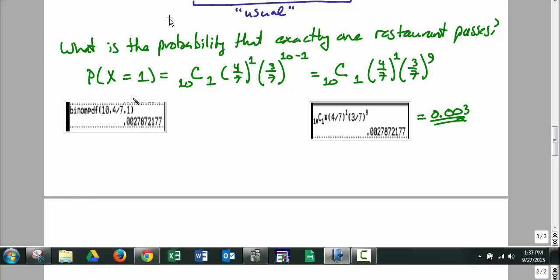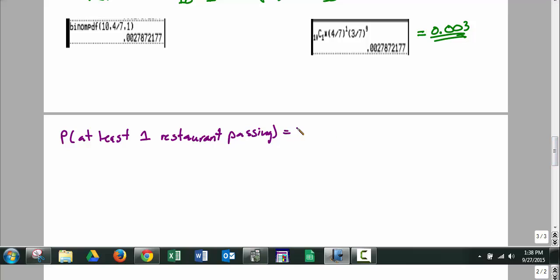What is the probability for this same type of problem? But now what I want to know is what is the probability of at least one restaurant passing? Now when we say at least one restaurant, that is really quite a bit of calculations to go through. Because the probability of at least one would be the probability of x equal 1, plus the probability of x equal 2, because this is at least, and this is going to go all the way up to 10.